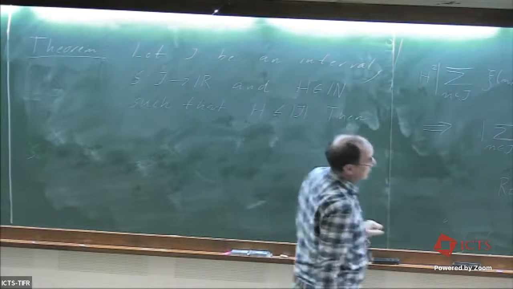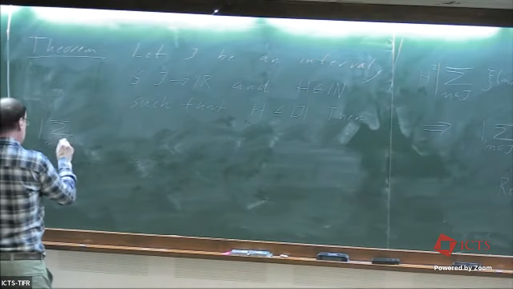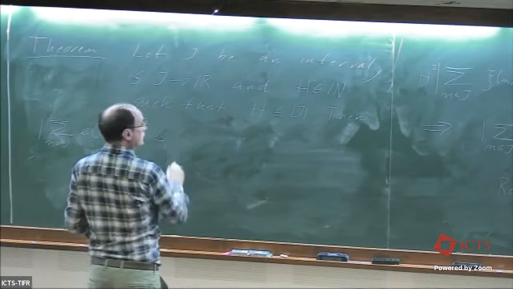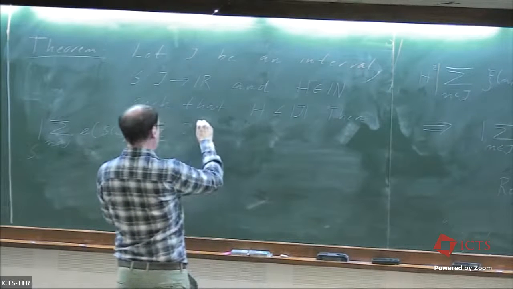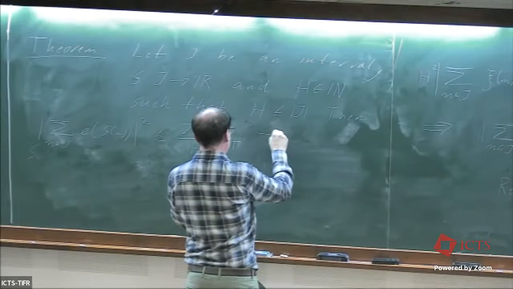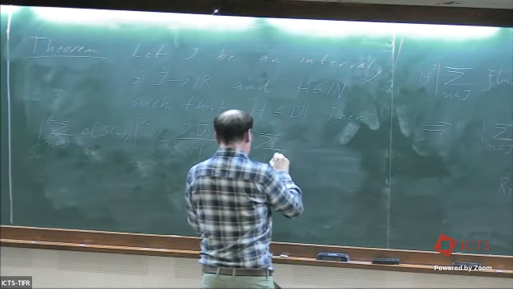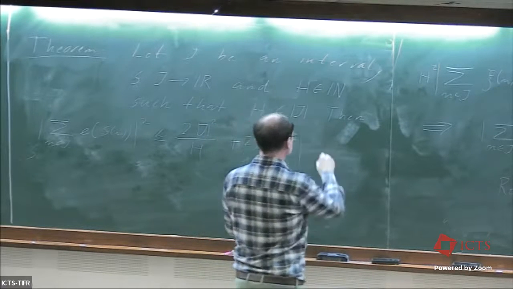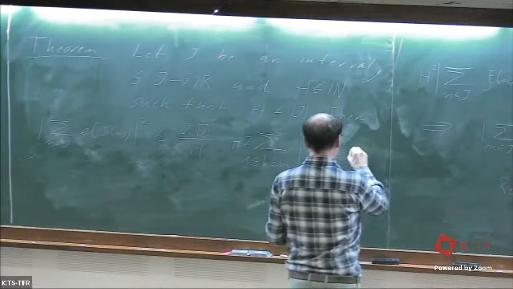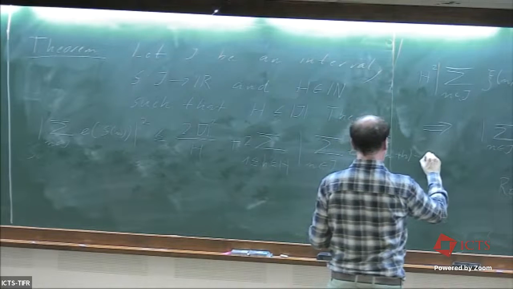Then the square of our exponential sum, sum over n element I, e of fn, squared, is bounded by 2 times I squared divided by h plus 2 times the sum over h less or equal capital H and n element IH, of modulus of e of f of n plus h minus f of n.